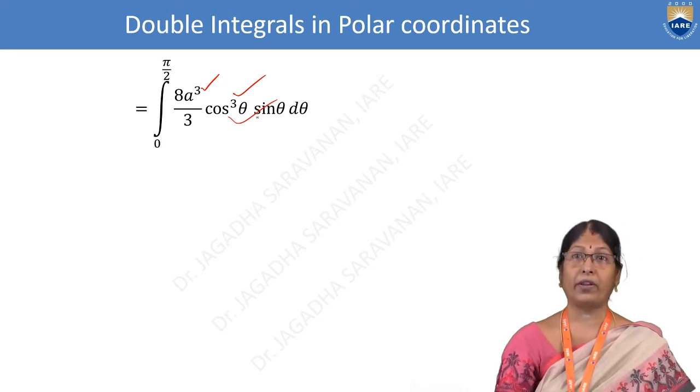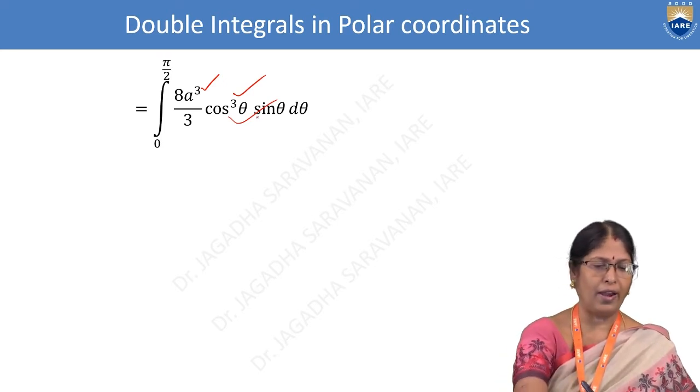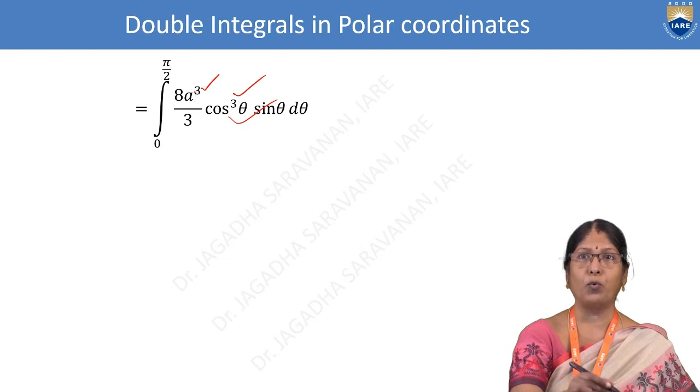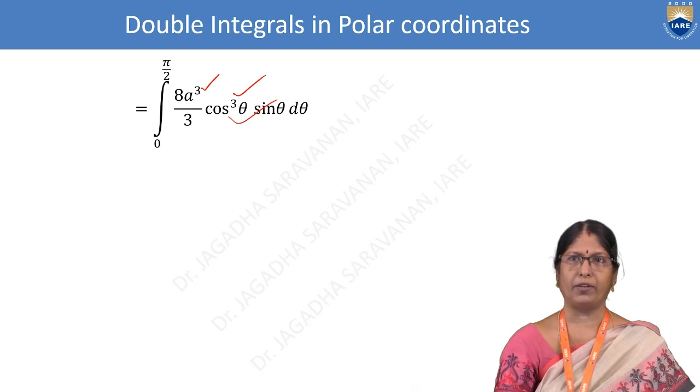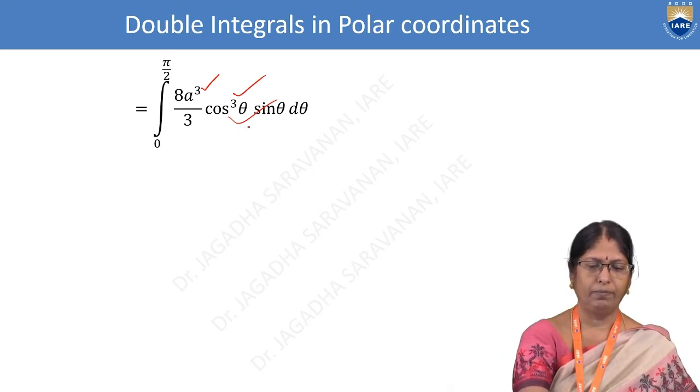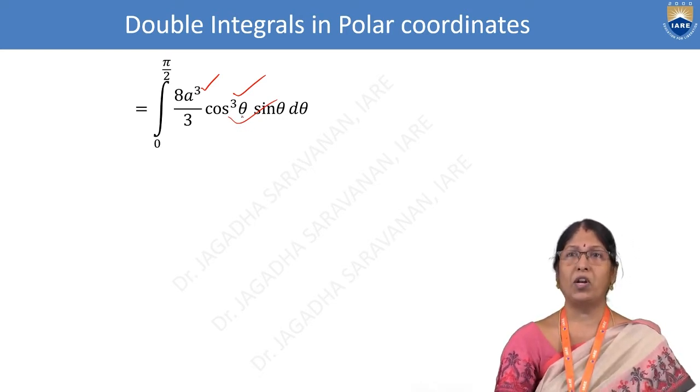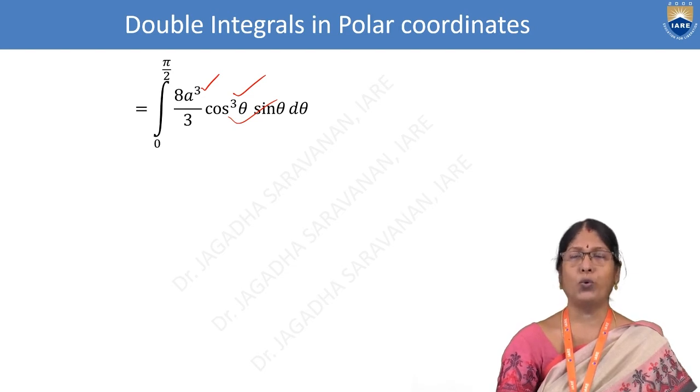Two trigonometric functions are there, and 8a cube by 3 is a constant. So there is no problem at all; before the integral we can keep it. But these two trigonometric terms, how to do the integration?